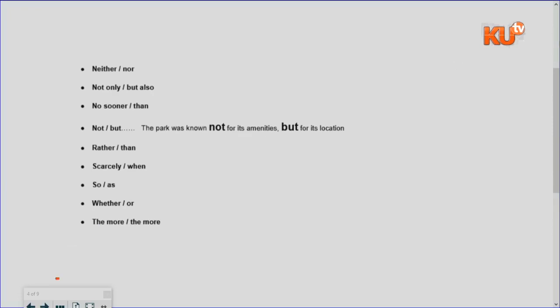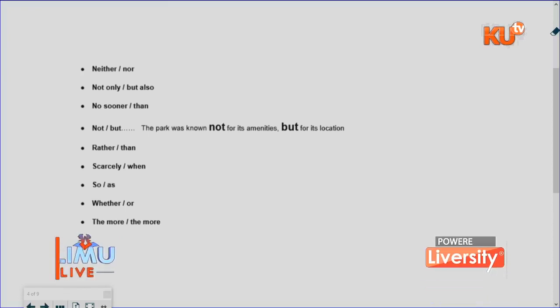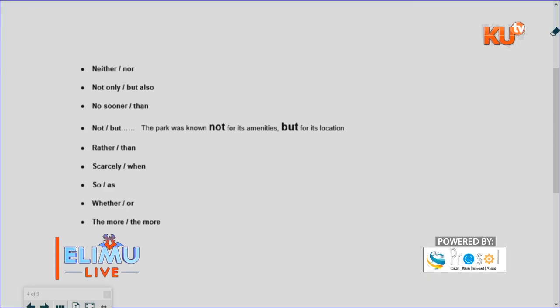So we move forward to not only but also. Not only but also gives you more information. It tells you that there is some information that you need to add there. Not only did I go to town, but I also bought some mangoes.